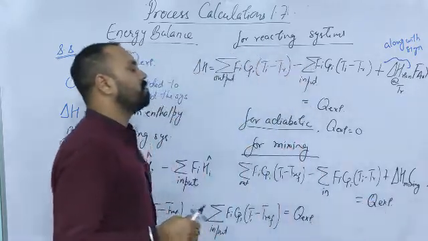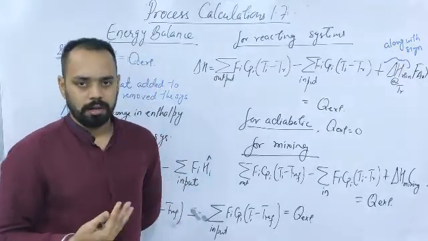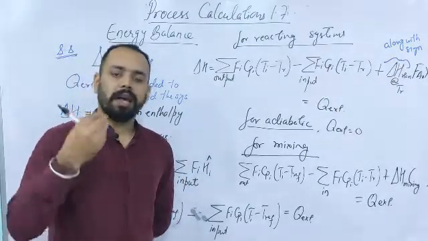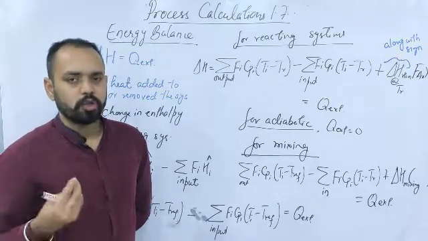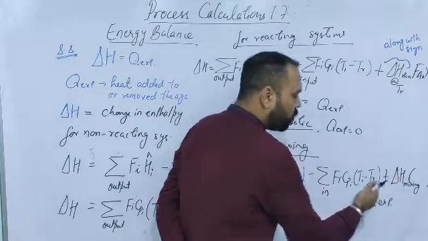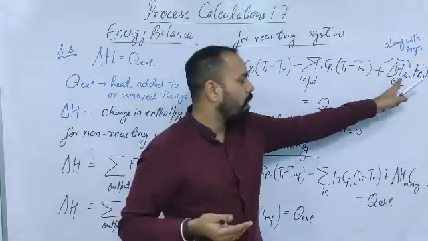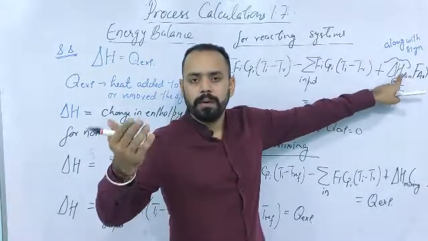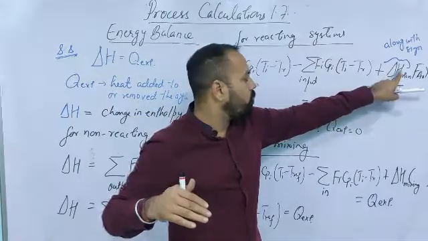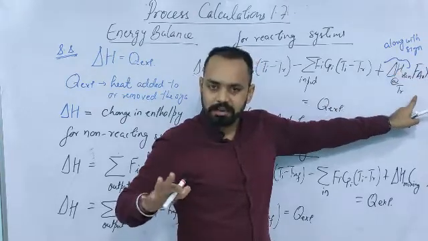If you see, this is the energy balance, and if you check the unit of each and every term here, what is the unit? The unit is always energy by time: kilojoule by second, joule per hour, joule per second. Now the enthalpy unit is always energy by mass. So in this case also, enthalpy of reaction is like kilojoule per kg or kilojoule per mole. So you have to multiply this by mole per second so that you can get kilojoule per second, right?